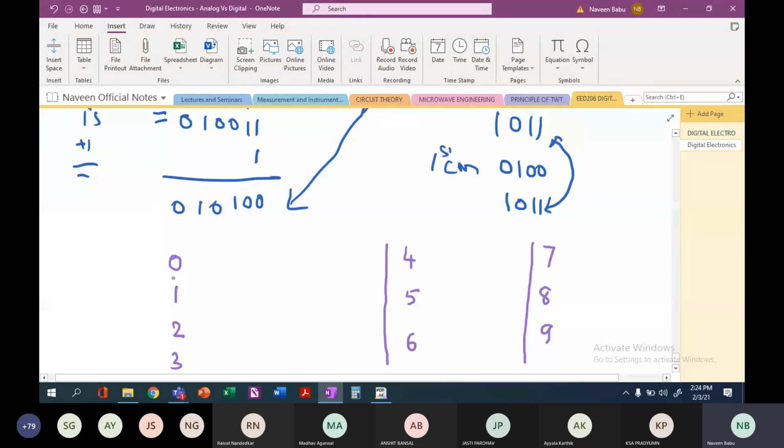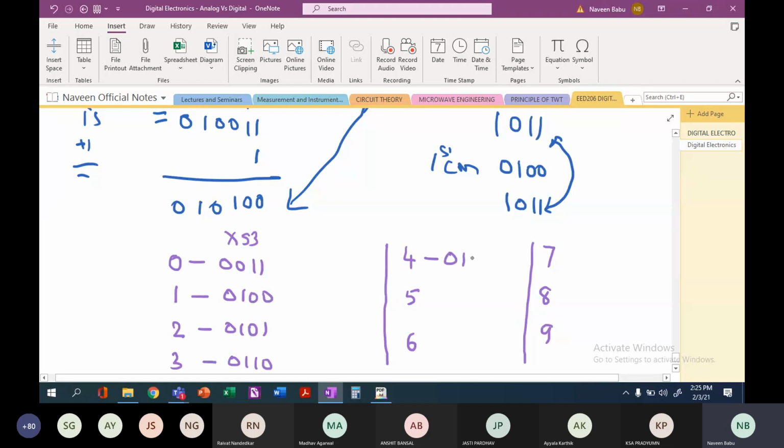Now what is the BCD code? Or let me write the XS3 code directly here. What is 0 plus 3? 0 plus 3 is 0011. Right? So this is the XS3 code. XS3 code of 1 is 0100, because 1 plus 3 is 4. 0101 is XS3 code of 2. 0110 is XS3 code of 3.